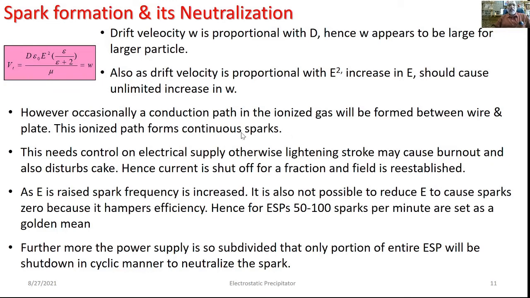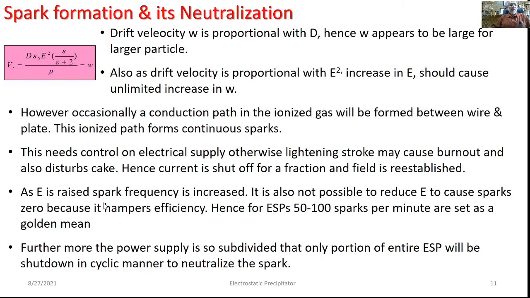These continuous sparks, equivalent to a lightning stroke, may cause burnout, and also disturb the cake of particulate that is deposited on the plate, which would simply get removed and cause re-entrainment of that particulate. Hence, this current needs to be shut off for a fraction of the time, and then again the field is established.